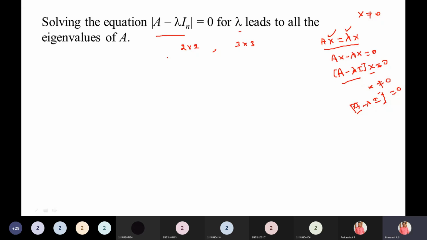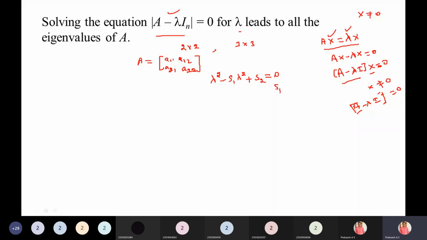For a 2 by 2 matrix, this is the general representation. We have the formula: we can use this general formula, or lambda square minus s1 lambda plus s2 equal to 0, to find the eigenvalues of A. What is s1?